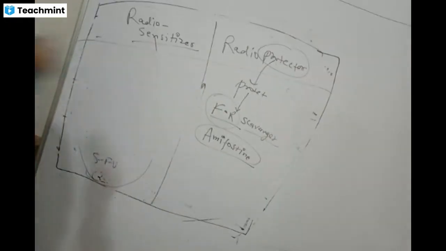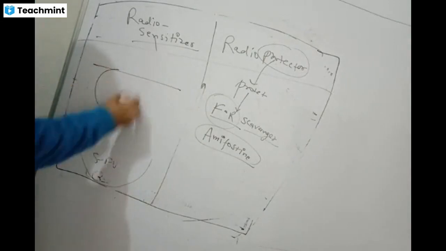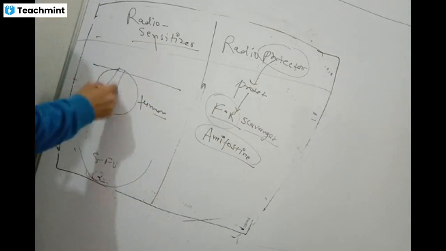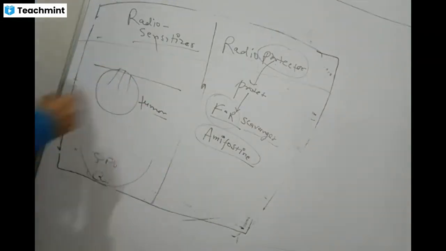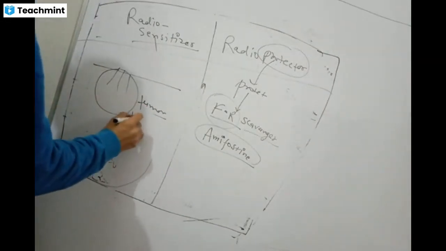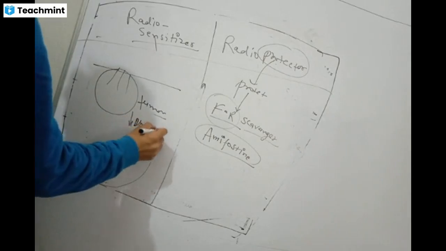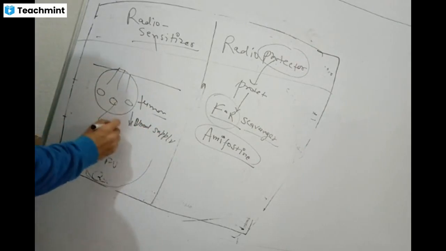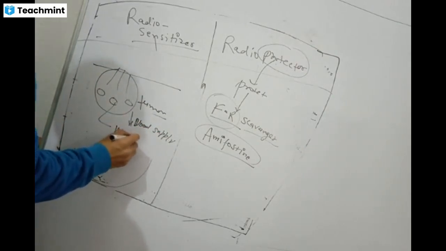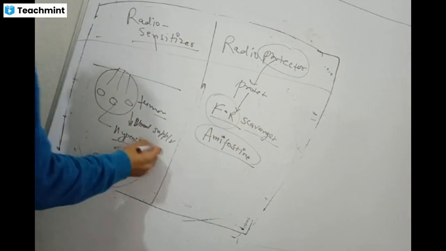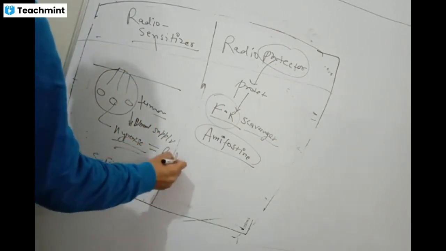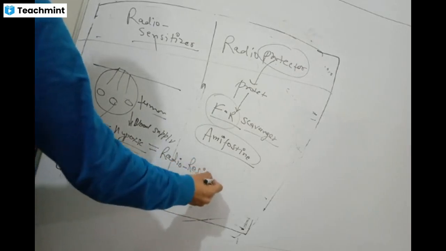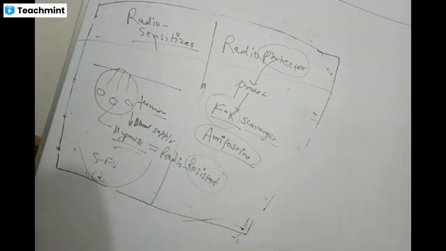Suppose this is the skin and it is developing a tumor. In this tumor, it is developing its own blood supply, but because of less blood supply, these cells become hypoxic, and hypoxic cells are always radioresistant.